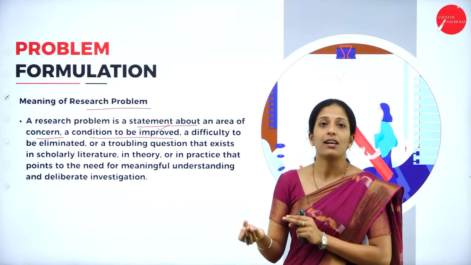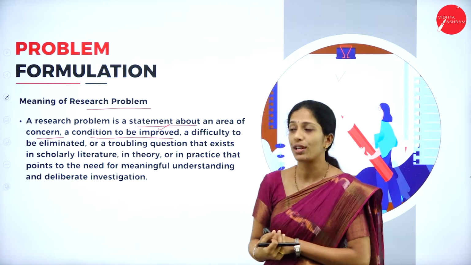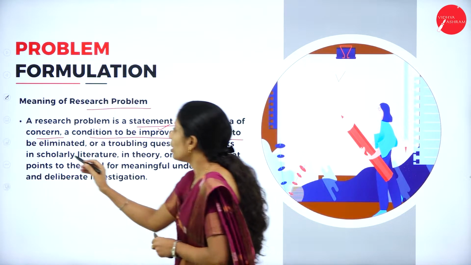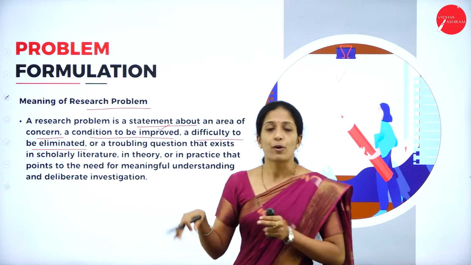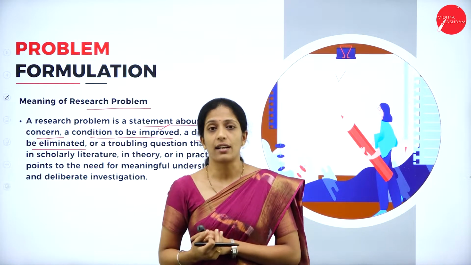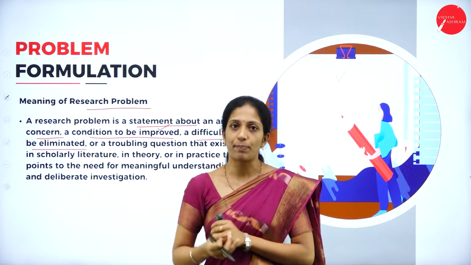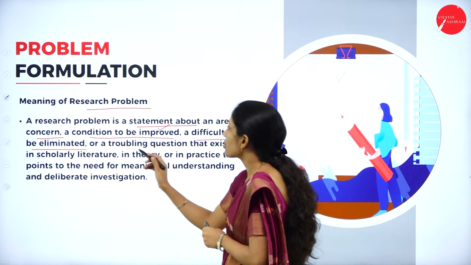It may be a condition that has to be improved in the future, a difficulty to be eliminated. So a difficulty, or a problem that cannot be eliminated, for which we have to find a solution to eliminate that problem, or a troubling question.